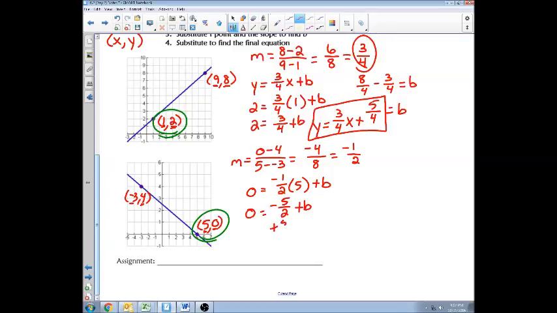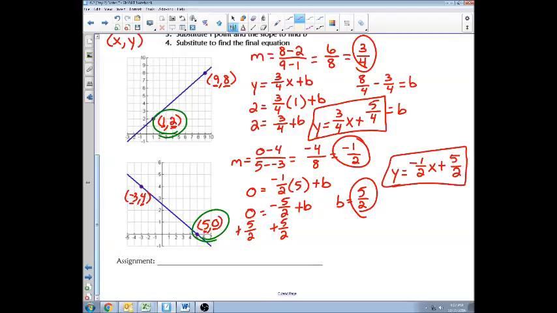You can add 5 over 2 to both sides. So my b value will equal 5 over 2. Now I just need to plug my slope, negative 1/2, and my b value into my formula, and I am done.